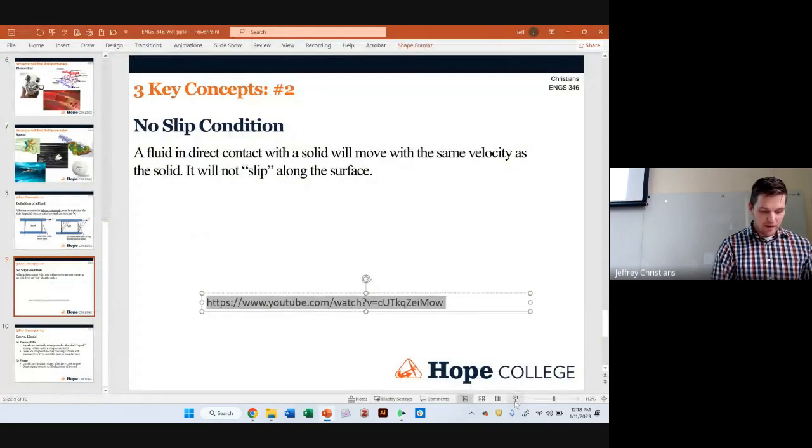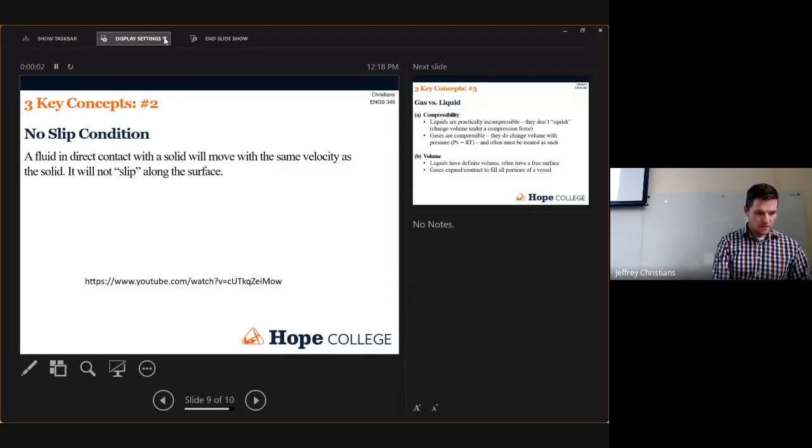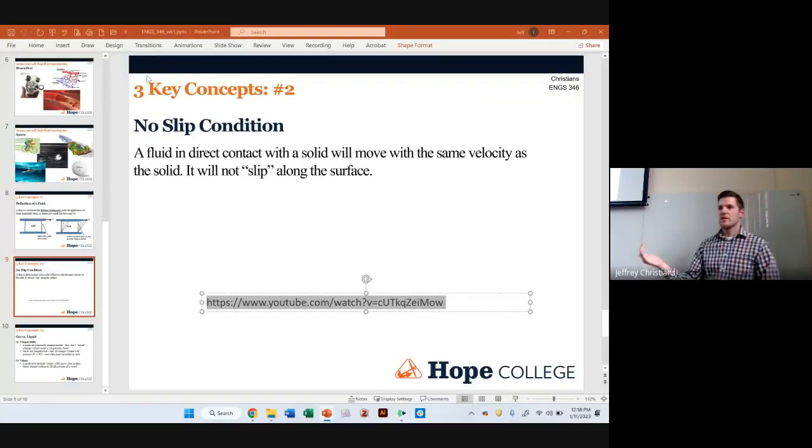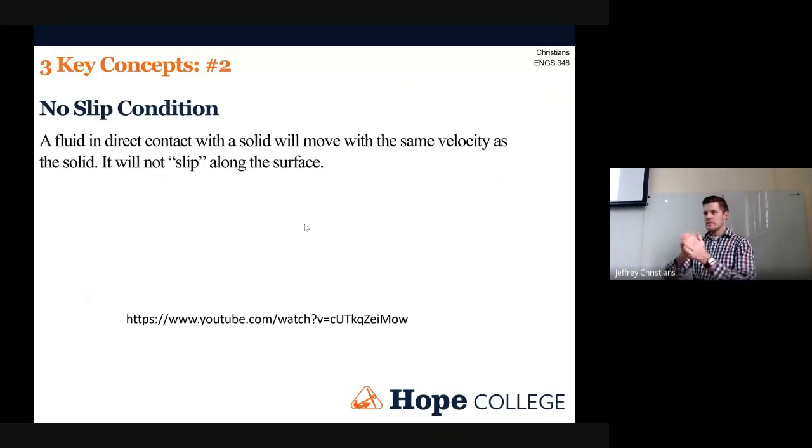So no slip means that between a fluid and a solid, the fluid is going to be stuck and not slip along that solid surface. So if you have, for example, a car driving down the highway, the air right in contact with the car is moving exactly at the speed of the car.